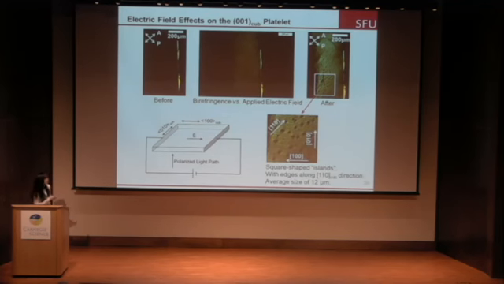In the meantime, we observed that square-shaped islands are showing up when we apply electric field. They are aligned in the 110 direction, and the average size of these islands is about 12 micrometers.